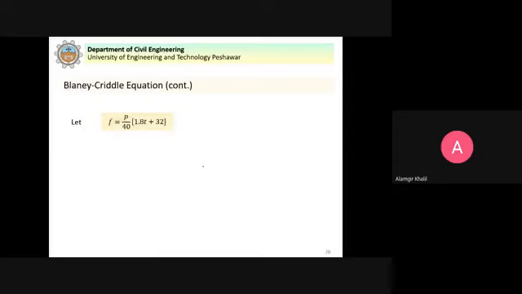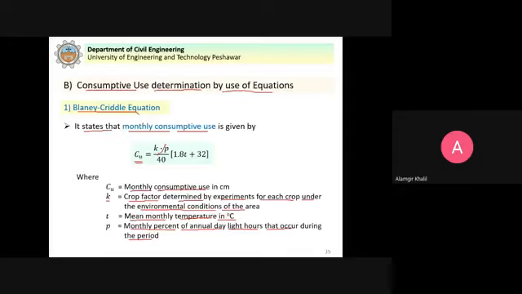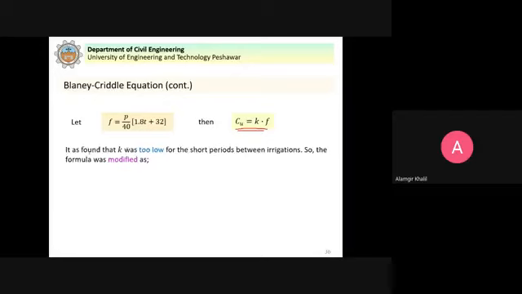Now let us consider P divided by 40 to be equal to F. Then it can be written that Cu is equal to K times F. It was found that K was too low for the short periods between irrigations.